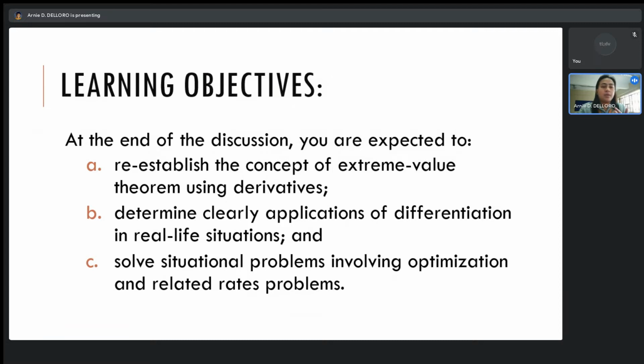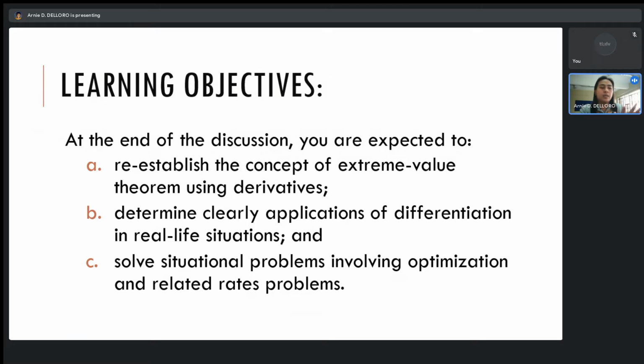Second, determine clearly applications of differentiation in real life situations. And lastly, solve situational problems involving optimization and related rates.